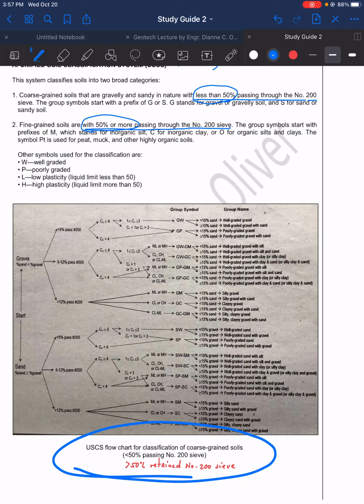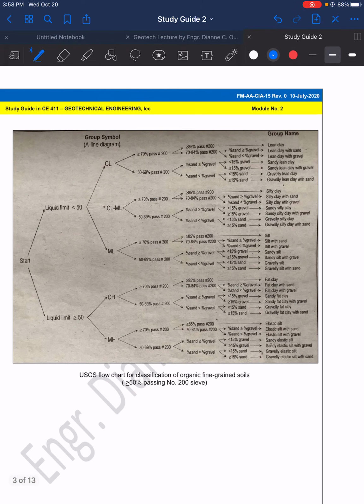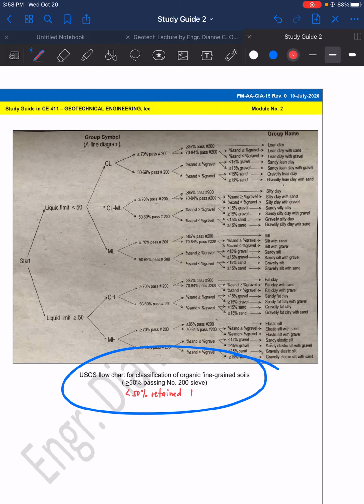The next one is the flow chart for the fine-grained soils, which is defined as greater than or equal to 50% passing number 200 sieve, or we can define that as less than 50% retained on the number 200 sieve.